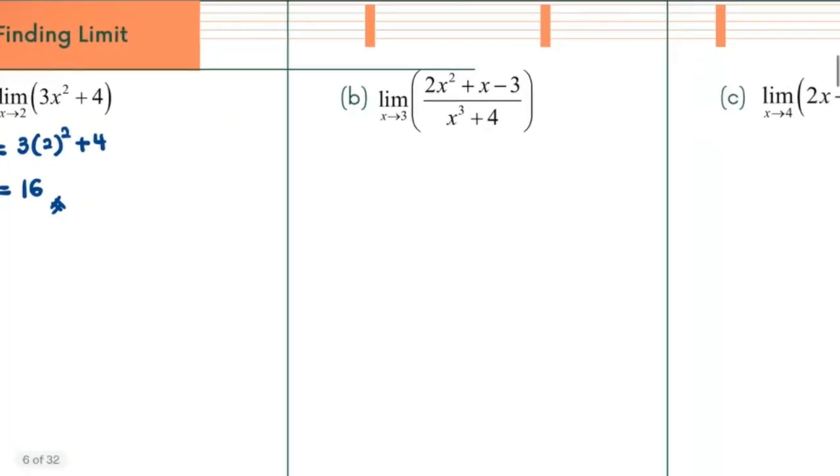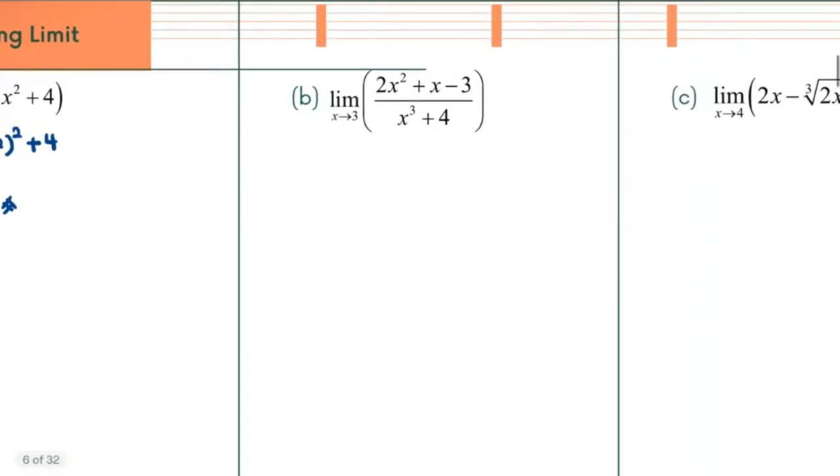Okay, now kita tengok lagi contoh B. So step yang pertama terus gantikan nilai. So saya cuba gantikan nilai. Kat sini kita dapat 2 times by 3 squared plus 3 minus 3, we divided by 3 cube plus 4. Okay, berapa lah ni ya? Sekejap. 27 dapat 54, 54 bahagi... kuasa 2.